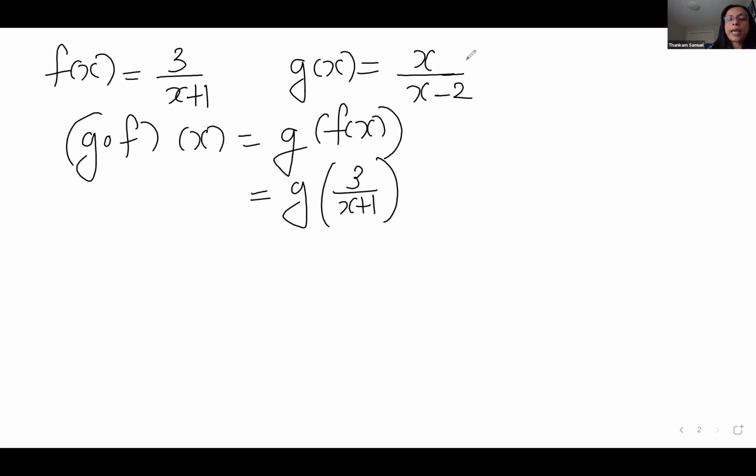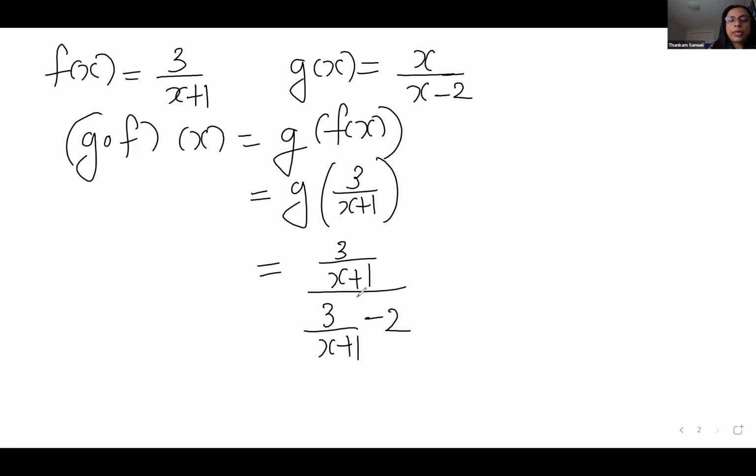So wherever x comes in the function g, we need to replace that x by 3 over x plus 1. So this is our function g of x. So instead of x, we can write 3 over x plus 1 over then 3 over x plus 1. We replace this x also by 3 over x plus 1 minus 2.